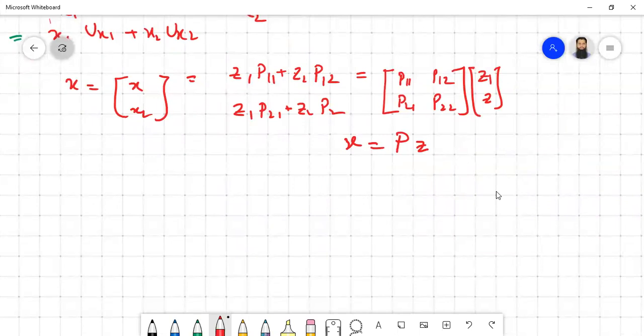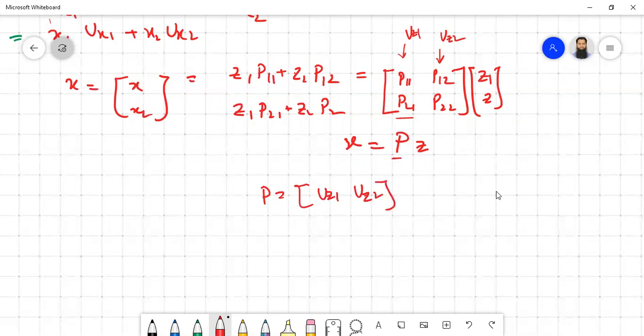So you can easily find the relationship between X and Z by multiplying with this matrix P, which is nothing but the coefficients of your Uz1 in this column, and the coordinates of Uz2 in this column. So P is nothing but the coordinates of Uz1 and the coordinates of Uz2.